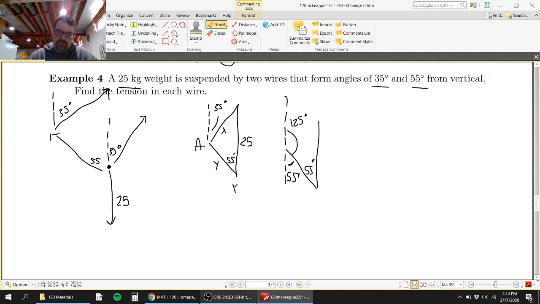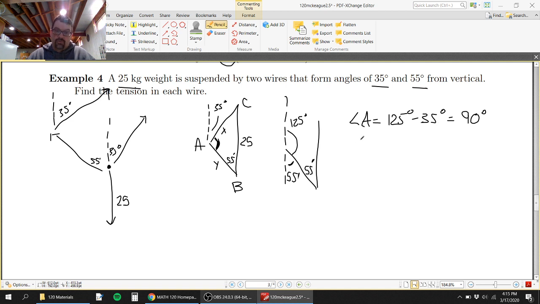I'm going to give some labels here to the corners. Then angle A in the triangle right here, well, the whole thing is 125. If we take away 35, we end up with exactly 90 degrees, which I didn't do on purpose, but that's what we get. So angle A is 125 minus 35, which is exactly 90 degrees.